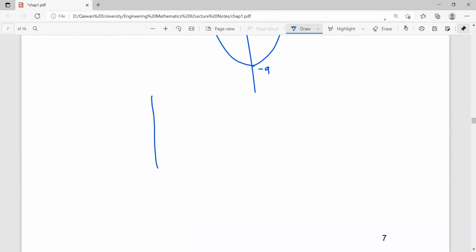The vertical one is z, this is y, and this is x. This is the negative part of the z axis, this is negative x, and this is negative y.